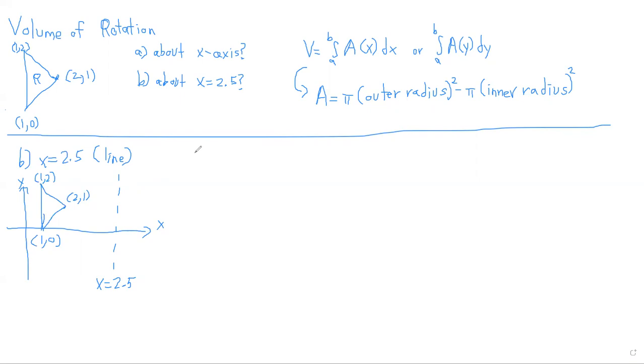We're going to express the area as a function of y. So let's write down the formula first. A of y is equal to pi times outer radius squared minus inner radius squared.